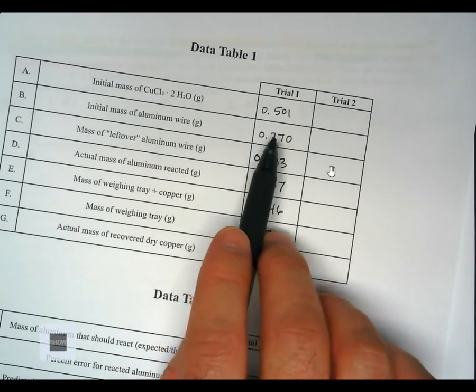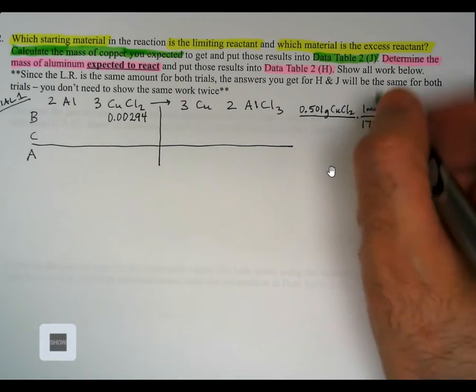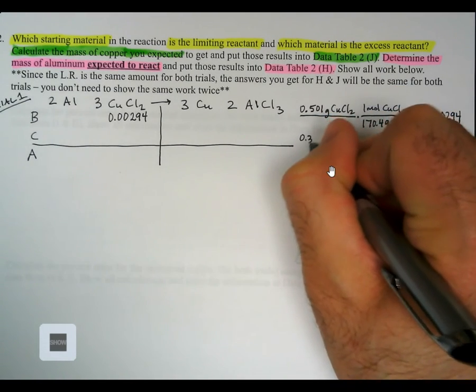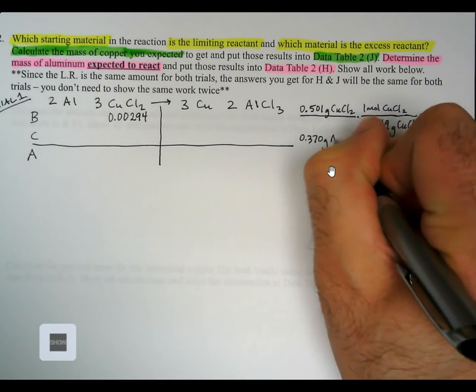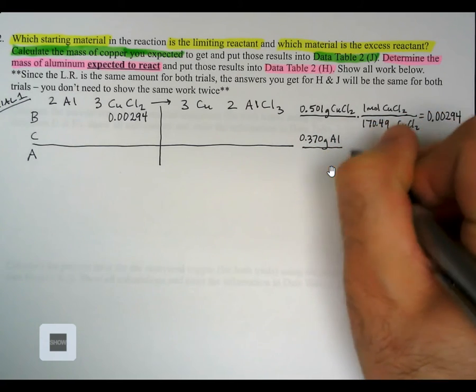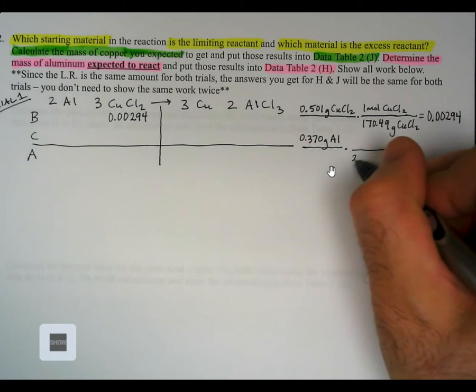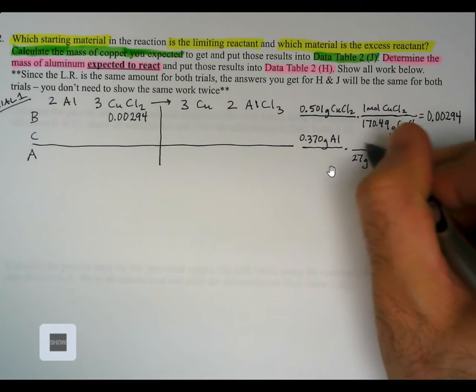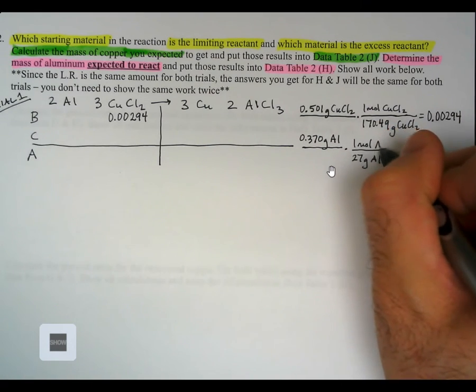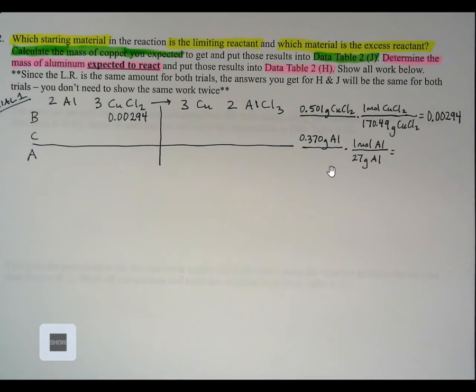Mine's 0.370. You have whatever you have. We're going to turn grams of aluminum, aluminum is 27, into moles.